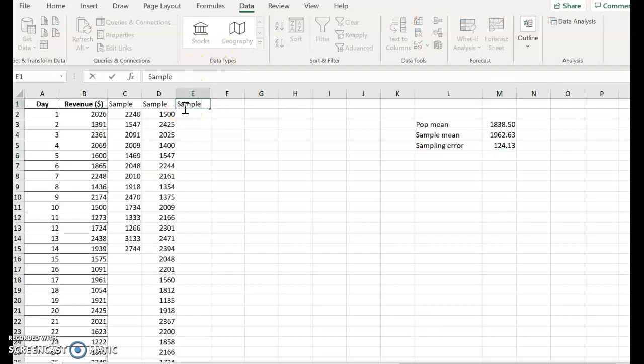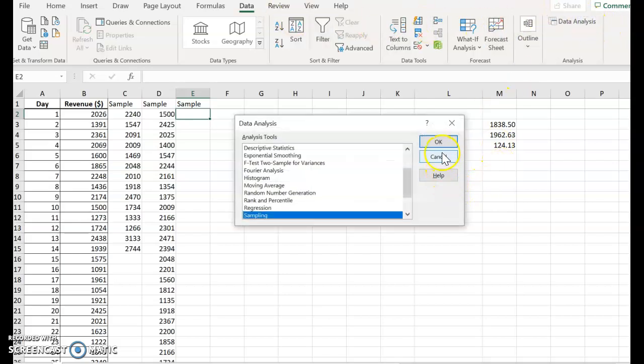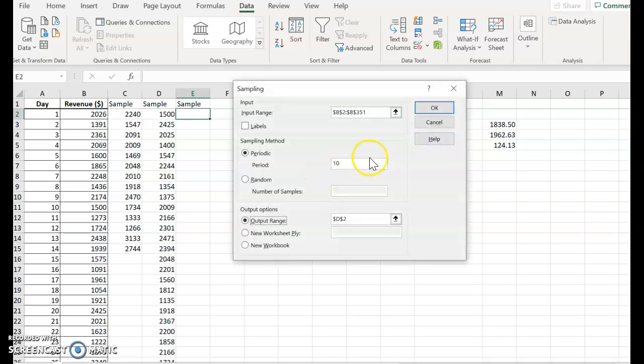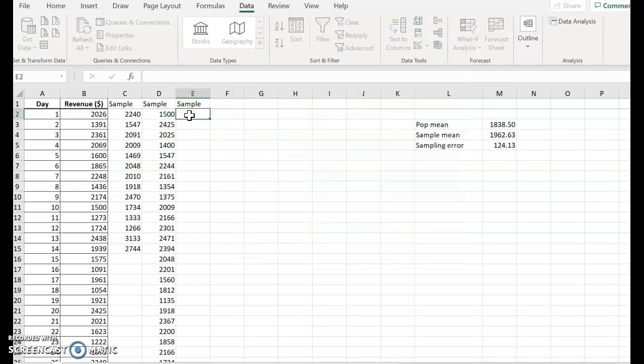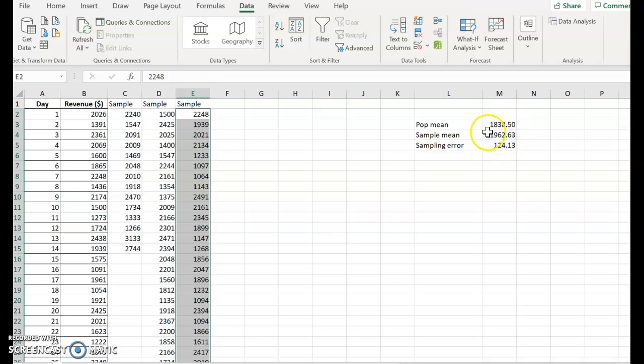So another column, and this time we're going to do 7, and our output range is going to be E. Okay, now remember our population mean is still the same.